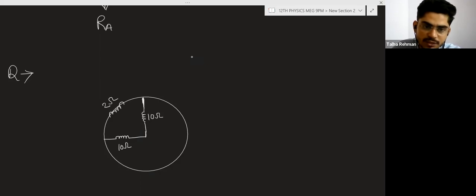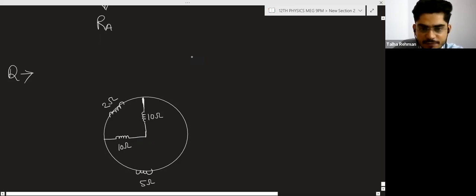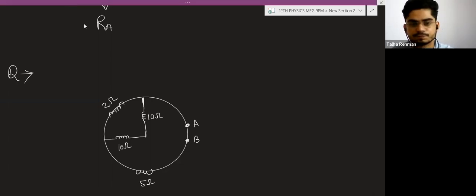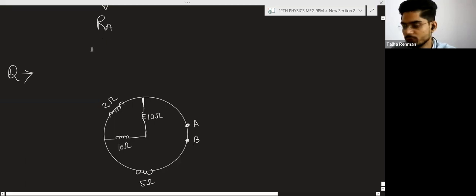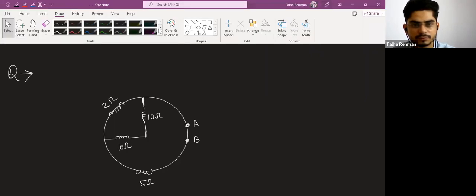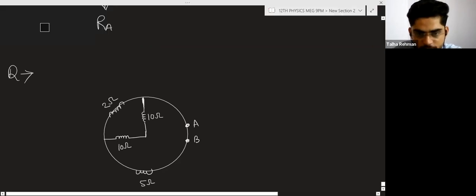A 2 ohm resistance is connected here, and a 5 ohm resistance is connected here, and we have to find the resistance between this point A and this point B. So this is the question.